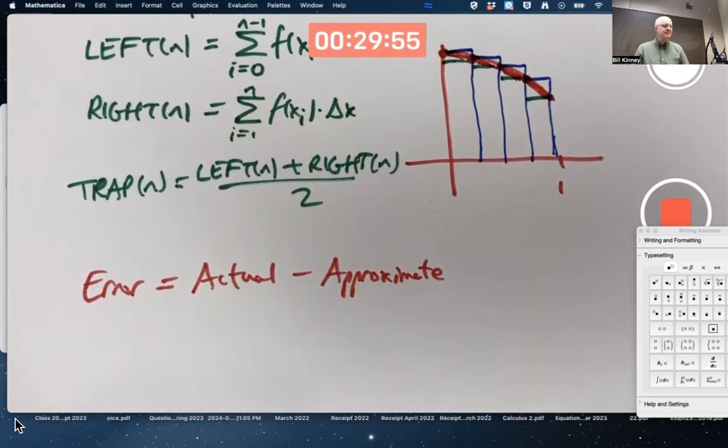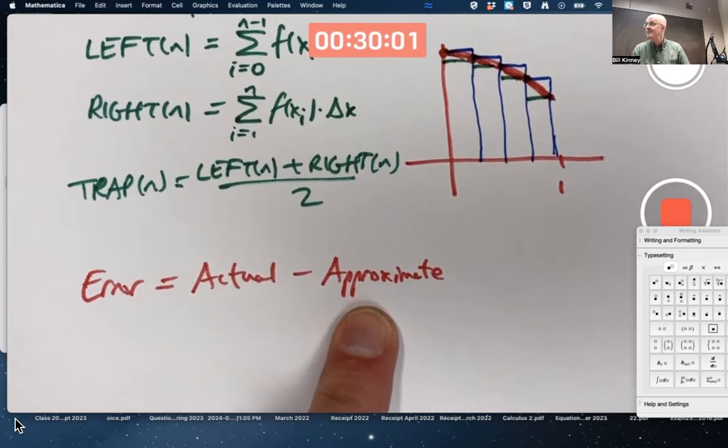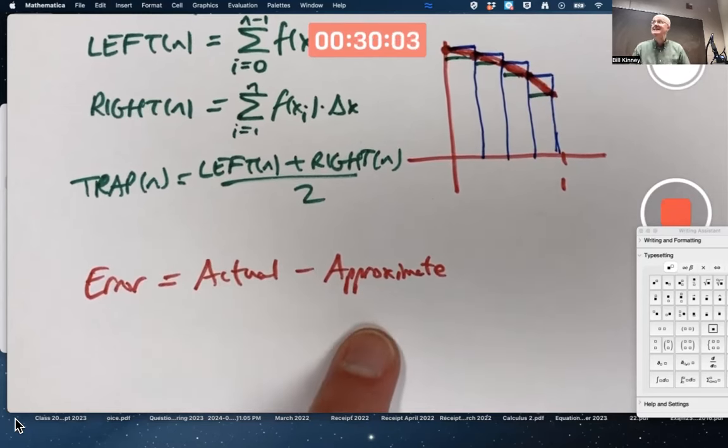This does have the perhaps unfortunate result of implying that if your approximation is too big, then this difference is negative. And if the approximation is too small, then the difference is positive. Overestimates have negative errors. Underestimates have positive errors. I'm sorry, that's a little bit counterintuitive, but it's the way it is.